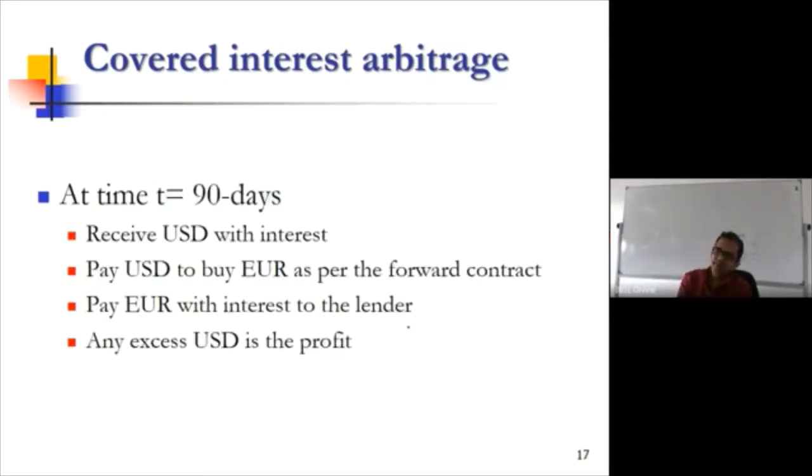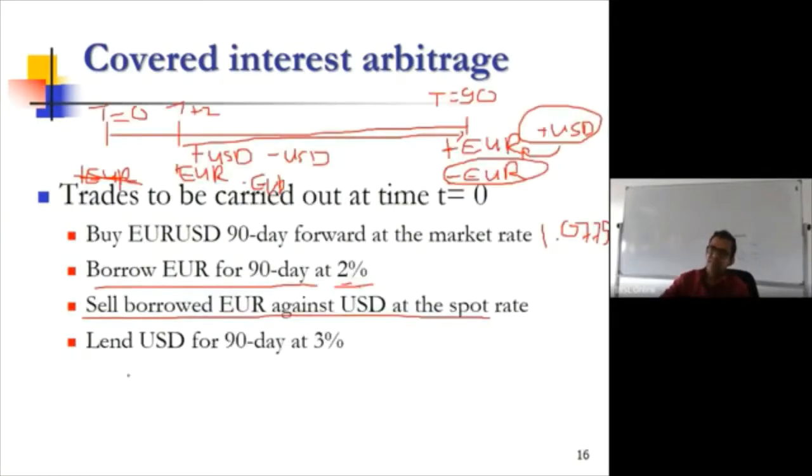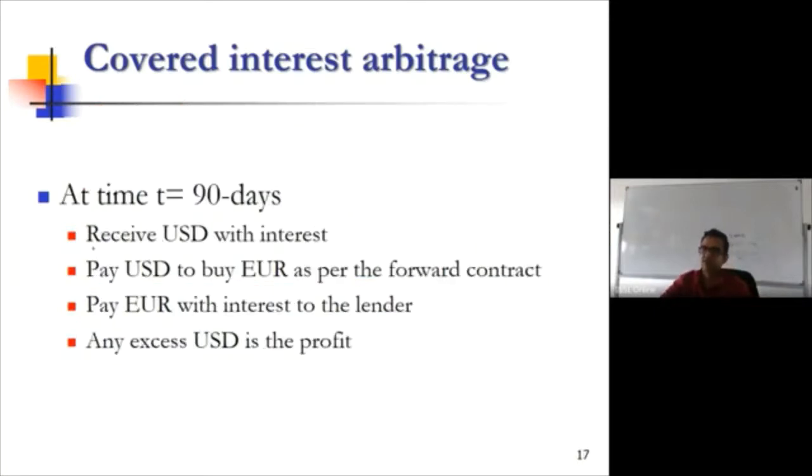Then what would happen on the maturity date? You have a loan, an investment in dollars at 3%. So you will receive dollars with interest.